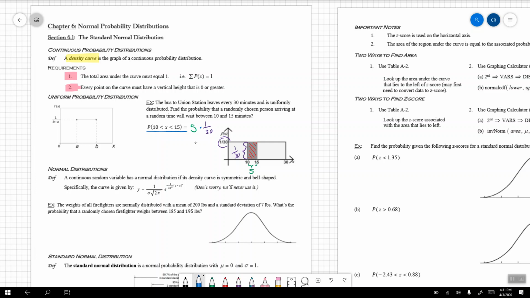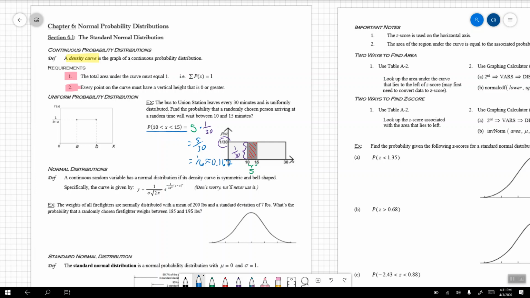So I'm going to rewrite this down here. This is just 5 divided by 30, which then simplifies to 1/6. And if we look at this probability, 1/6, we could approximate this to be 0.167.